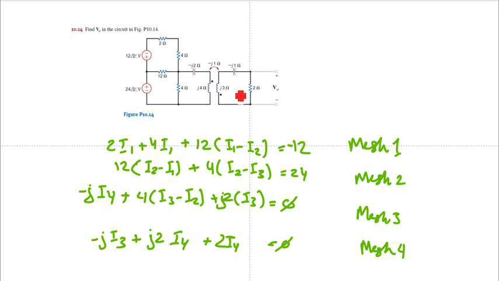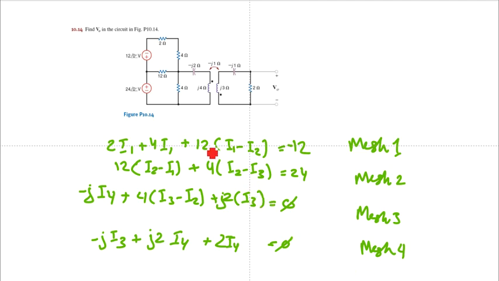By the end you will find the current for mesh 4, which is I4, and multiply by 2, which is the resistance, because from Ohm's law voltage equals IR. So if you multiply the current I4 by the resistance, which is 2 ohms, it should give you the voltage across the 2 ohm resistor, which is V0. So let's go ahead and start doing the exercise.